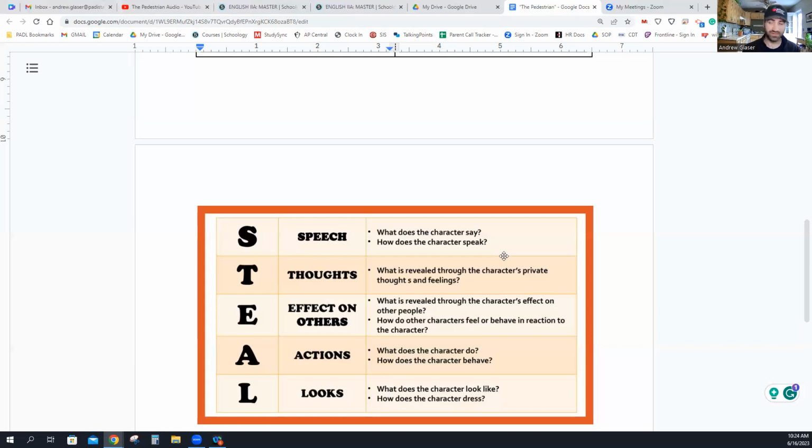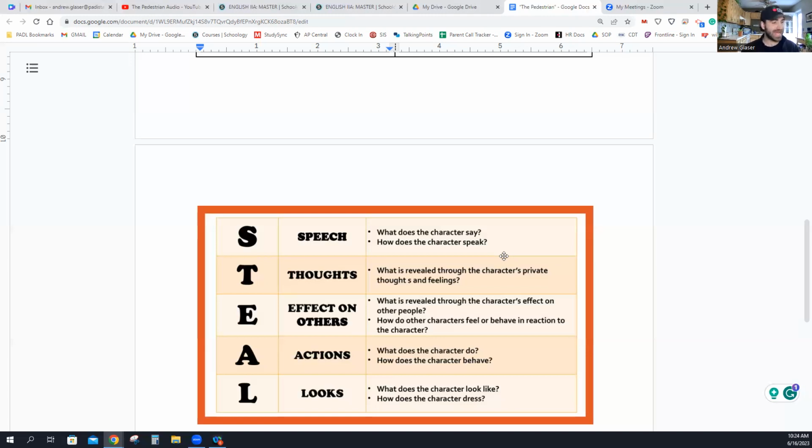The E in STEAL is the effect on others, right? So this is how other people respond or react to the main character. So if somebody walks into a room that you don't know, and the people in the room all kind of look at them with a dirty look, or all the people in the room kind of pull back a little bit, or everybody smiles when they come into the room, right?